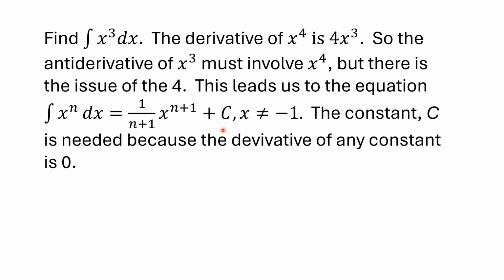Remember, we just decided that the derivative of c is 0, so we don't know which constant might be added to this part of the function. And we have to restrict this rule so that n not equal negative 1. If it's negative 1, we're going to end up with a logarithm, and that's another time. The constant c is needed because the derivative of any constant is 0.